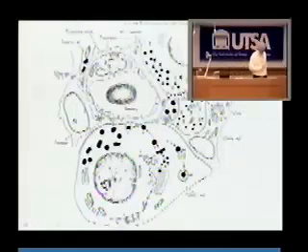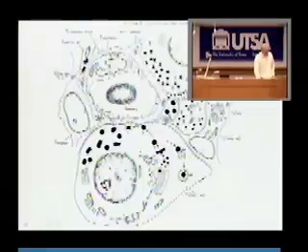So lots of genes in here. Which ones can be targeted? Only those that have that little stretch of DNA in their promoter region that can bind the ligated receptor.